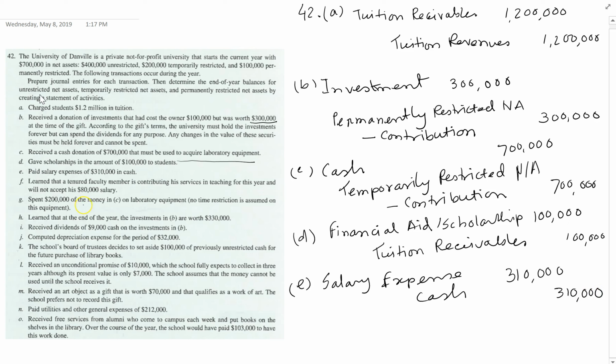They learned that a tenured faculty member is contributing his services in teaching for this year and will not accept his $80,000 salary. That means a faculty member who is tenured, who is actually teaching, and he is providing his service, and theoretically the university is incurring the salaries expense, but they are not giving him any cash.